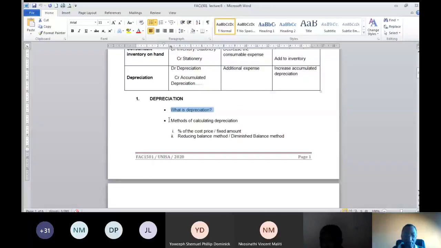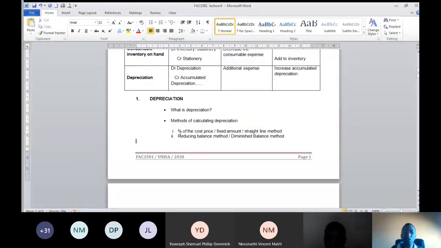Now, to calculate depreciation, guys, there are two methods in which we can calculate your depreciation. You get a method that is called the cost price method, or sometimes also referred to as the straight line method. And in that method, guys, what we do is we take a percentage on the cost price.